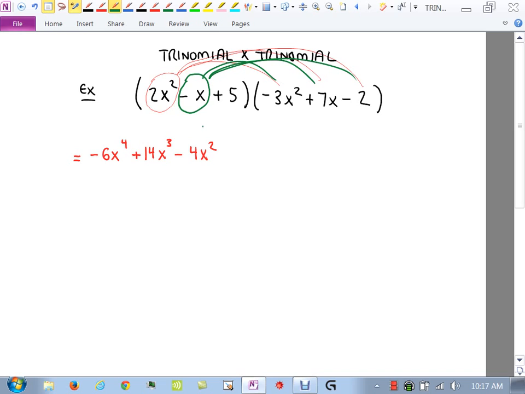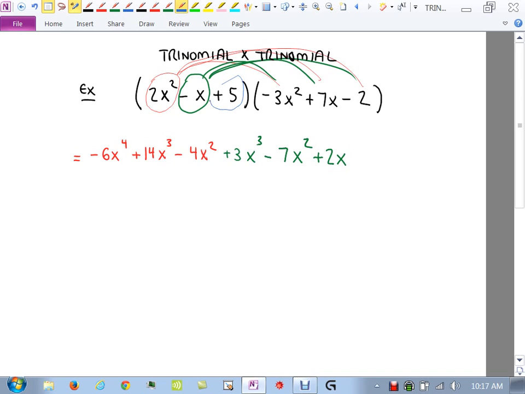So we get positive 3x cubed, negative 7x squared, and then positive 2x.